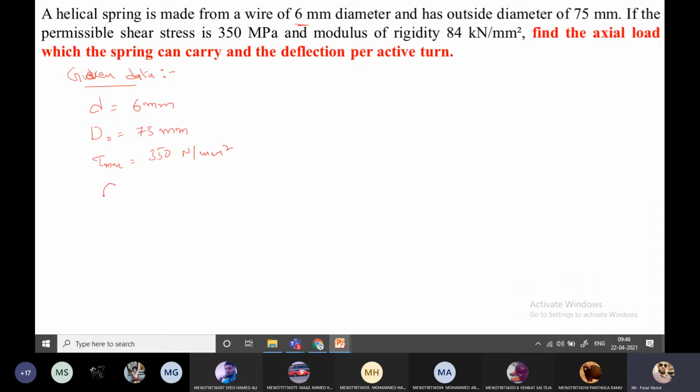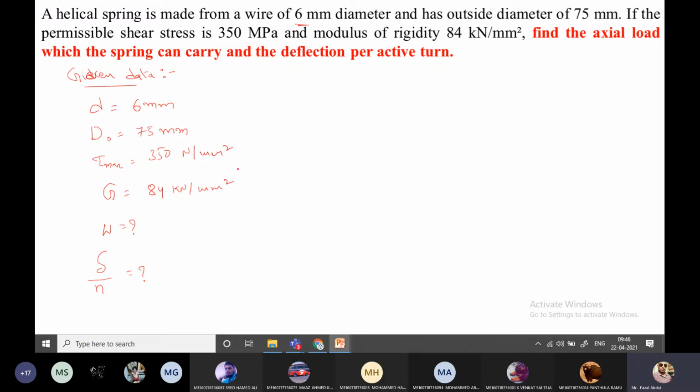The modulus of rigidity is given, capital G, that is 84 kilonewton per mm square. The question is asking what is the axial load W the spring can carry, and the deflection per turn, that is, delta by n, how much.